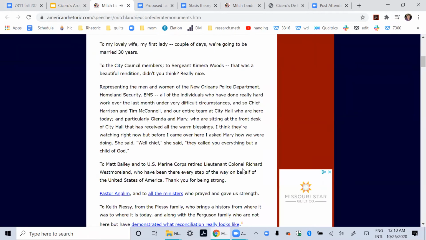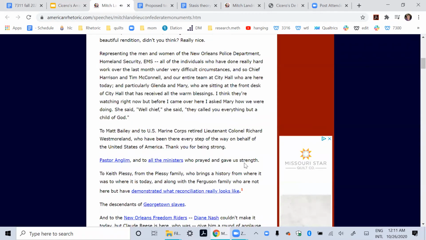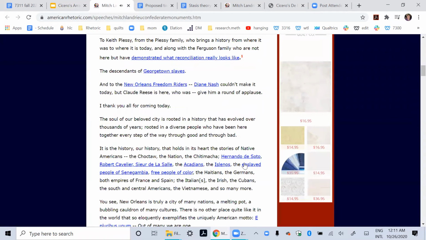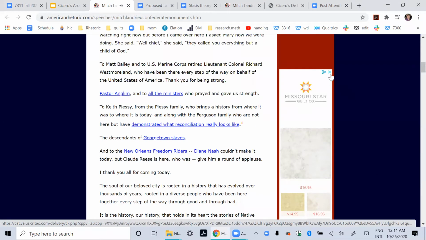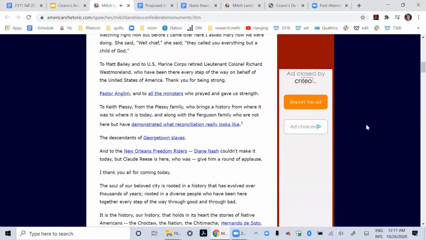The soul of our beloved city is rooted in a history that has evolved over thousands of years, rooted in a diverse people who've been here together every step of the way, through good and through bad.